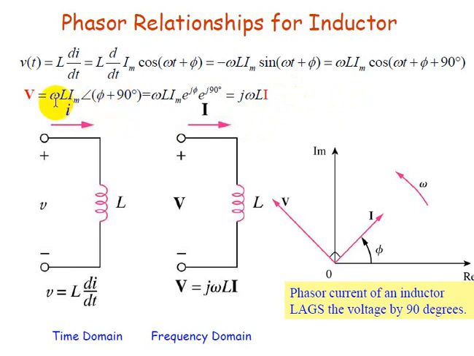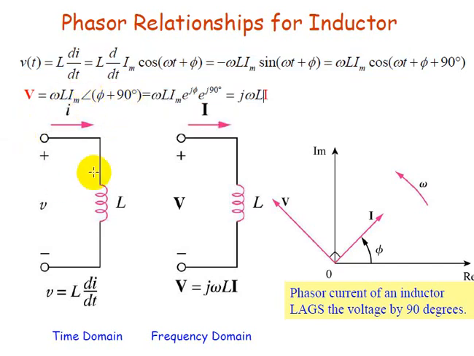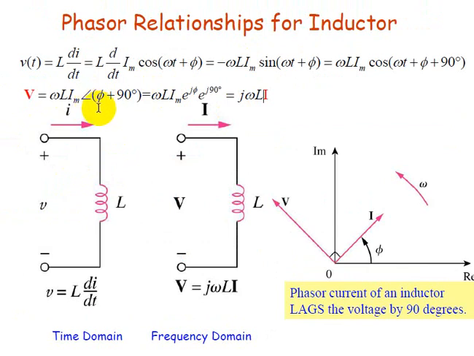Let's deal with omega L Im angle phi plus 90. From these two equations, we can see the clear phase difference.